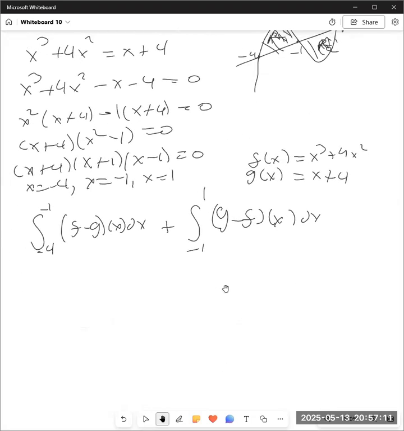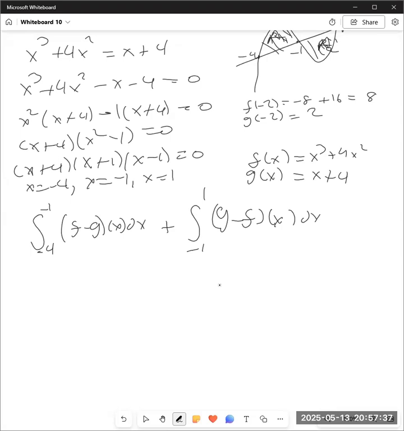Let's just confirm that if I stick in a number between -4 and -1, like -2, f of -2 is -8 plus 16 is 8, and g of -2 is 2, and 8 is bigger than 2, so f is bigger than g.